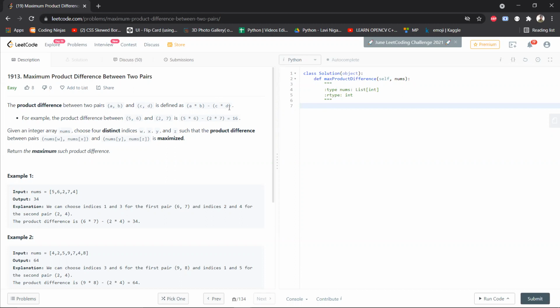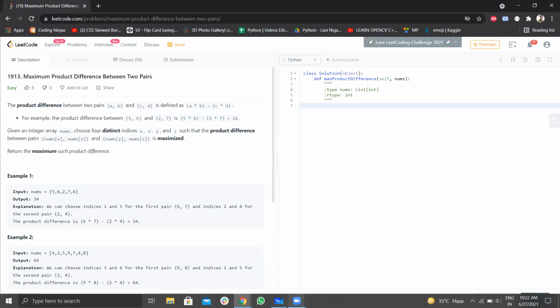We need to keep one thing in mind, and it is that while we are choosing the numbers from nums, the indices for A, B, C, D should be distinct, right? So nums W is A, nums X is B, nums Y is C, and nums Z is D. And A into B minus C into D, we need to keep it maximized, right?